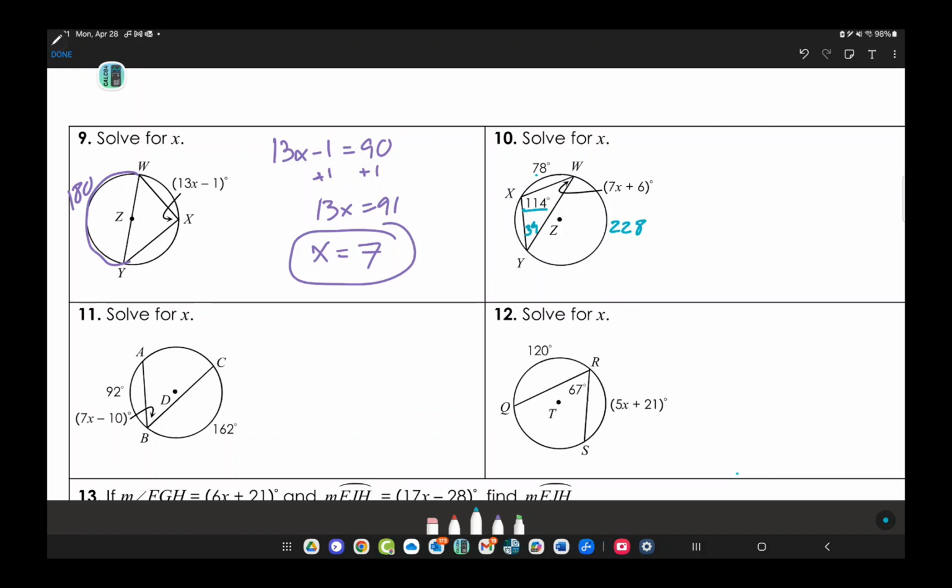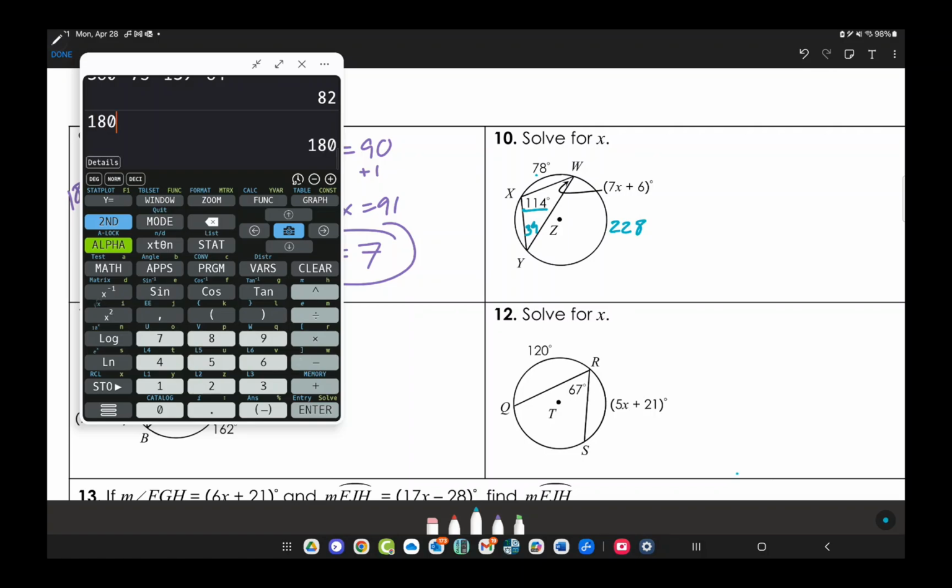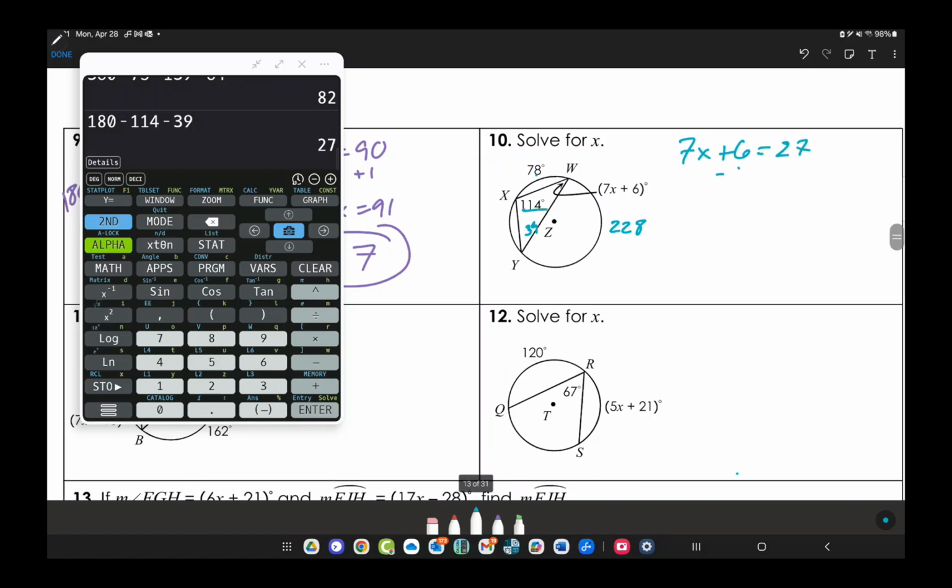Either way is fine. So let's do the triangle one. I think that's a little bit easier. So 180 minus 114 minus 39 gives you 27. So 7x plus 6 equals 27. Subtract 6. 7x equals 21. So x equals 3.